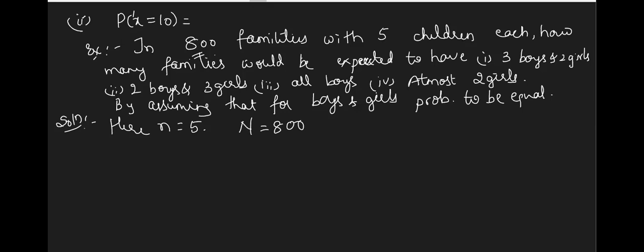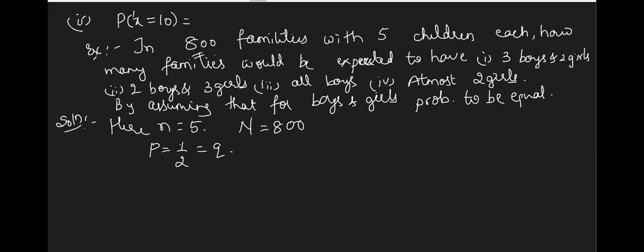Okay, this I'll explain, not to worry. Now come to the conditions. What is P here? For boys and girls it is the same, so the probability P is 1 by 2, and Q is also 1 by 2. I treat P as the probability of having a boy, and Q is for having a girl.